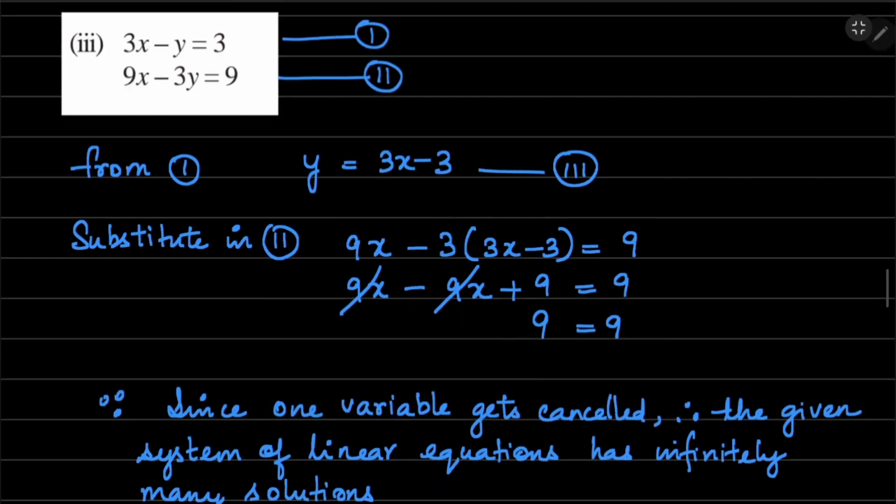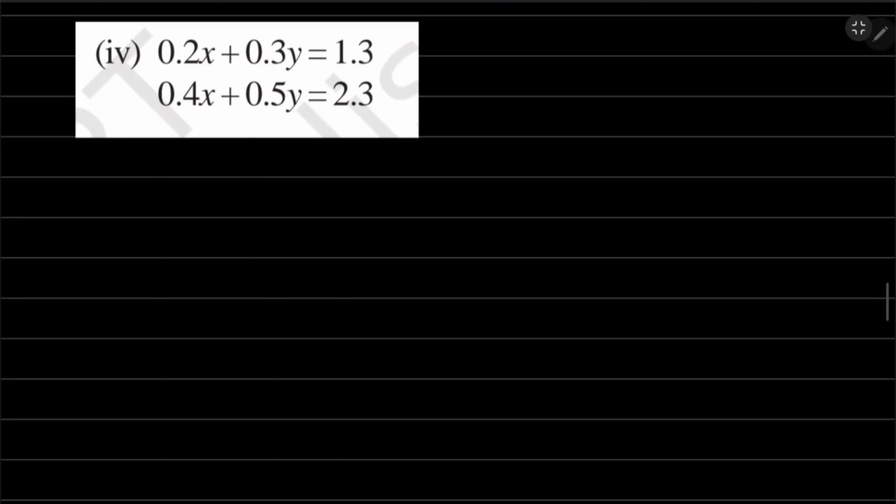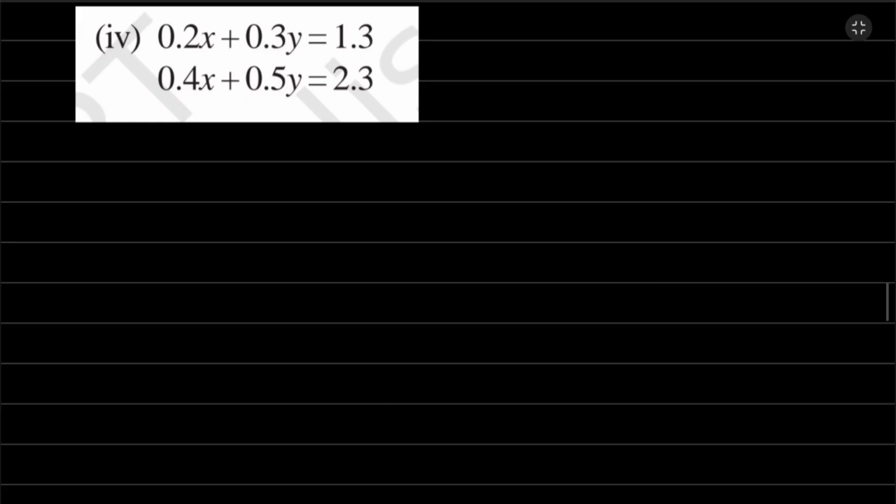So let's move on to the next question, that is your question number 4. 0.2x plus 0.3y equal to 1.3 and 0.4x plus 0.5y equal to 2.3. Let's remove the decimal first.